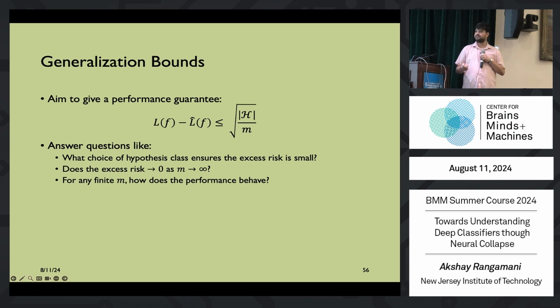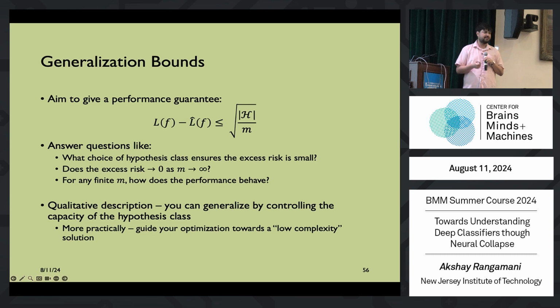In the era of deep learning and over-parameterized models, you also hope for somewhat more of a qualitative description, because these bounds now are so loose. Nobody actually computes this, right?